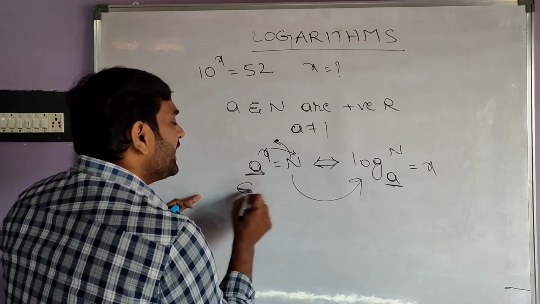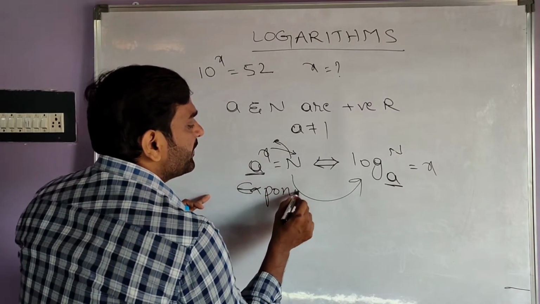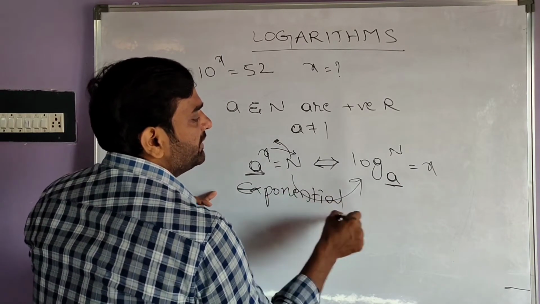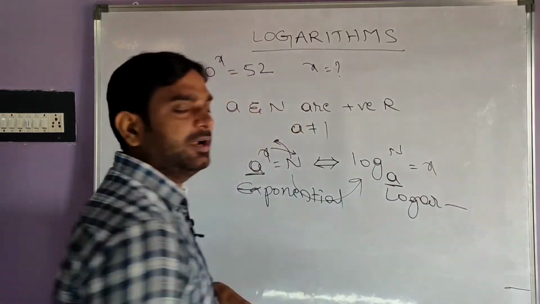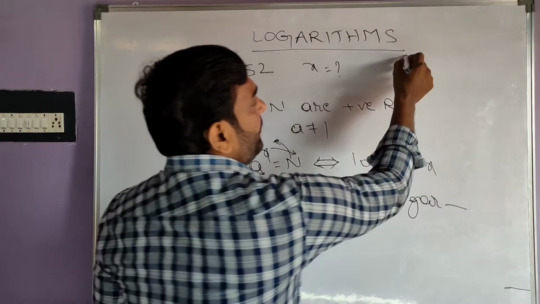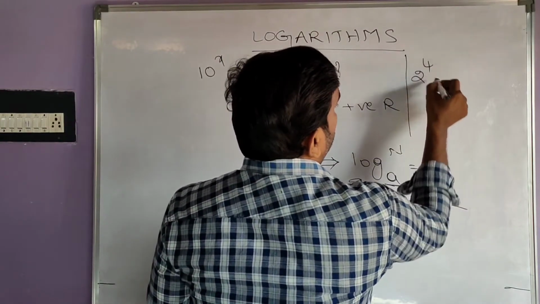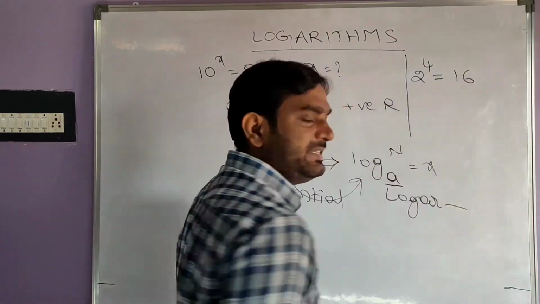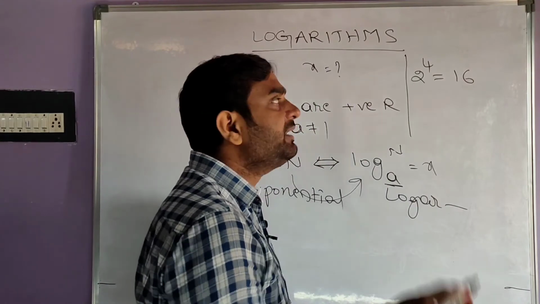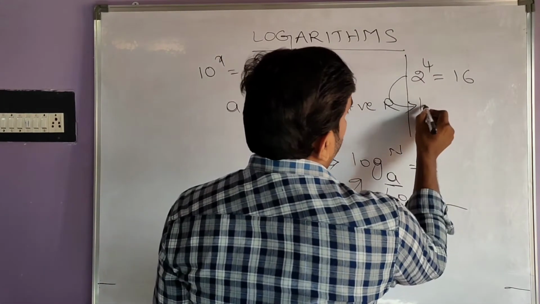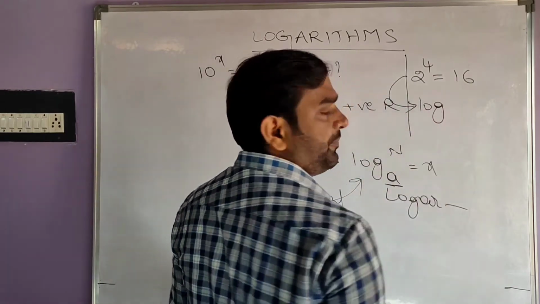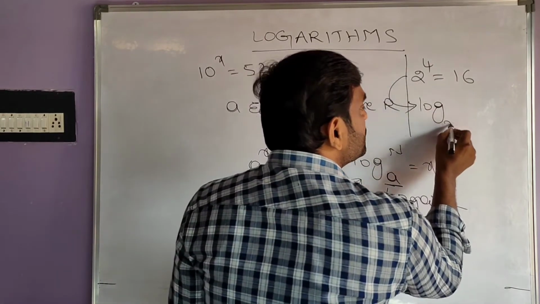This is called exponential form, and this is logarithmic form. For example, take in numeric 2 power 4 equal to 16. Given in exponential form, write in logarithmic form. Just write log. What is the base here? 2.